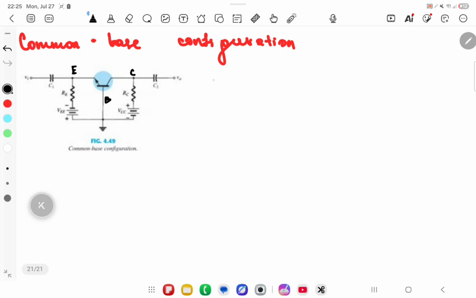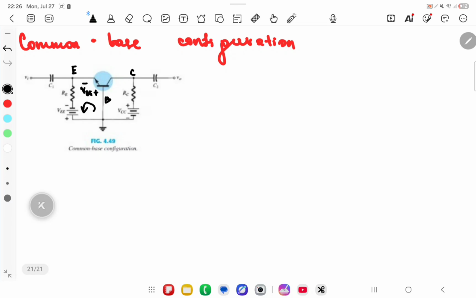If we start off by finding the current that flows through the emitter, let's first consider the mesh current equation. Here we will have our VBE.